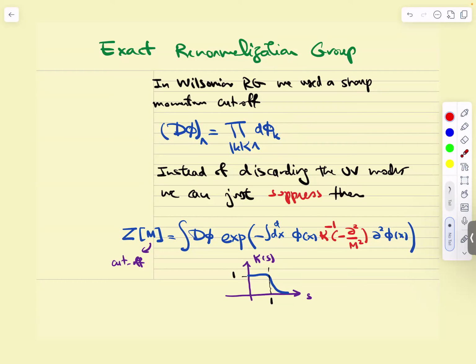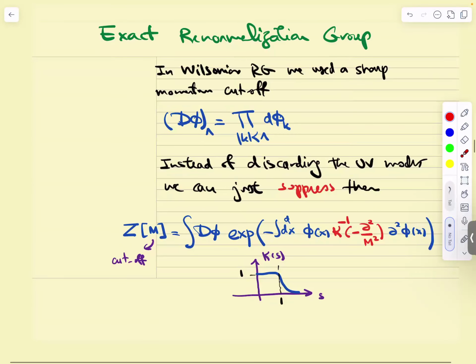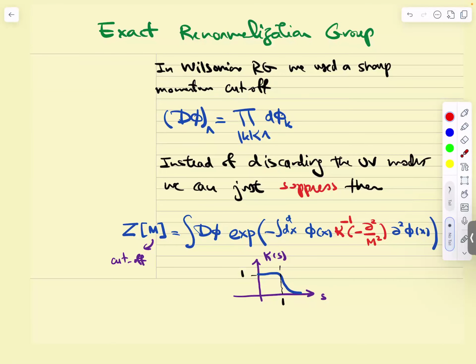There is another idea called the smooth cutoff. You're not integrating anything out. What you're doing is not discarding high momentum modes, you're suppressing them. How do you do that? Consider the kinetic term, right? This is the kinetic term. We're going to put some function K minus 1 of minus del squared over m squared here, right?